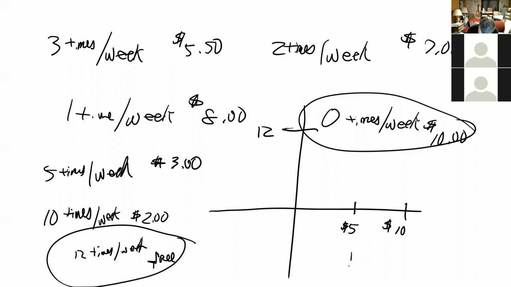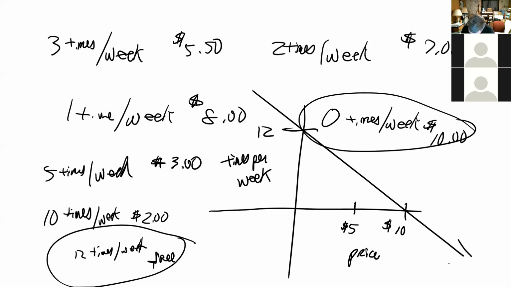So this is price, and this is times per week. Now, my model, I'm kind of fudging a little bit because the information that you gave me doesn't exactly fit a straight line. But the point I want to make is this.